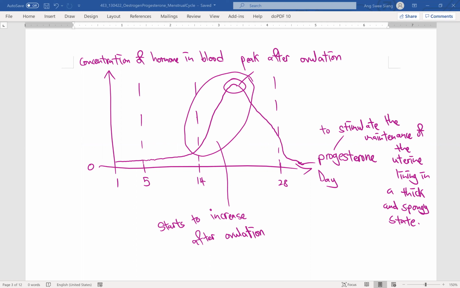In complete dominance, you will have a dominant allele. You will have a recessive allele.